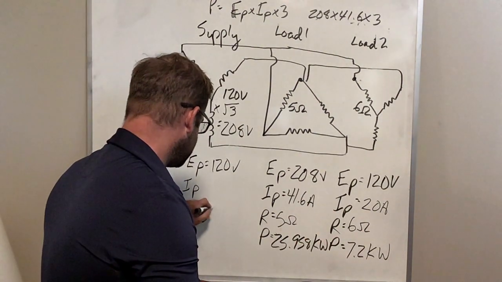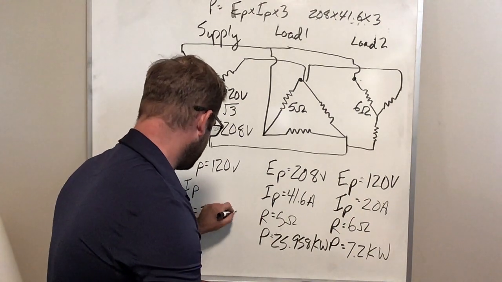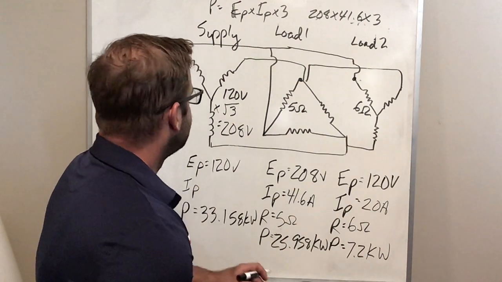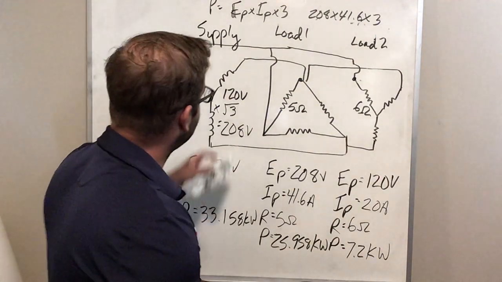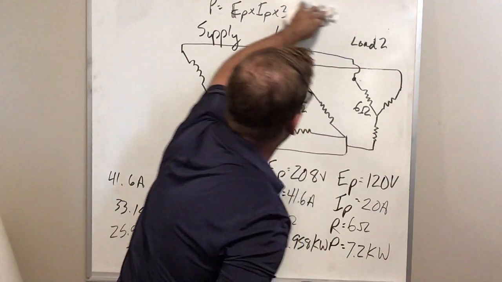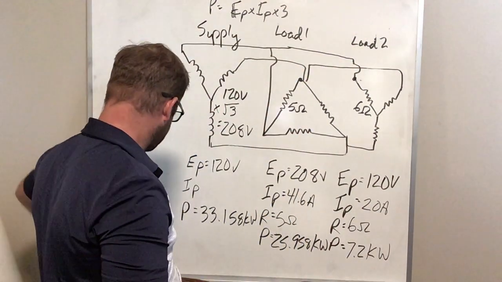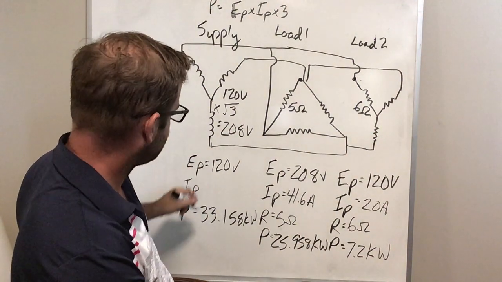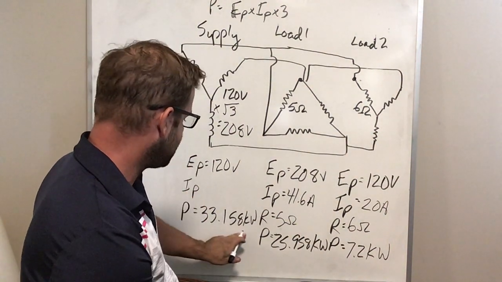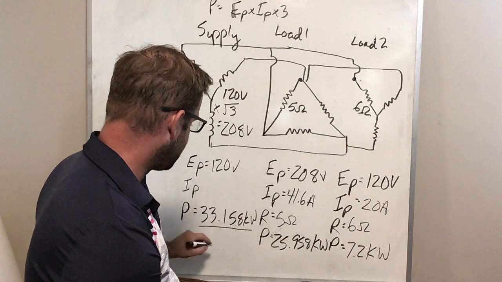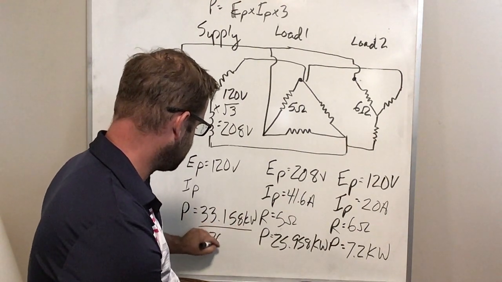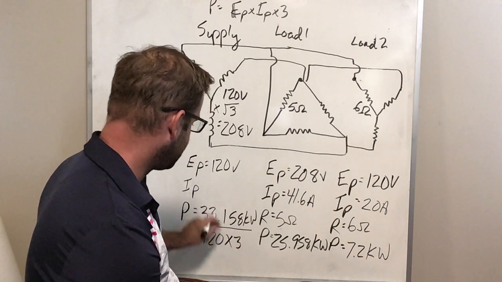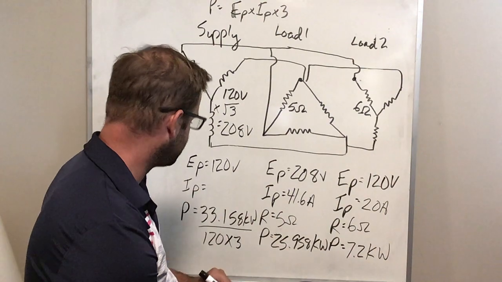That gives you, and this was the number I was writing down before, 33.158 kilowatts. And from there, you can take that value divided by 120 times 3, and it'll give you what the total current is.